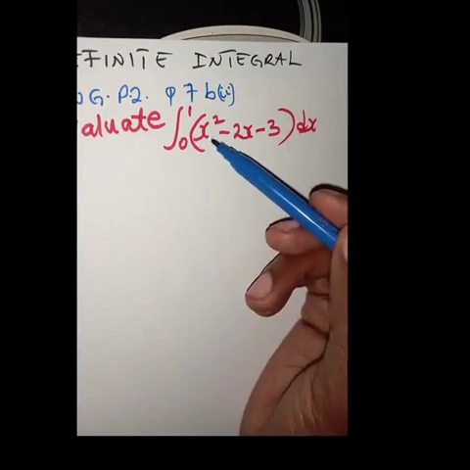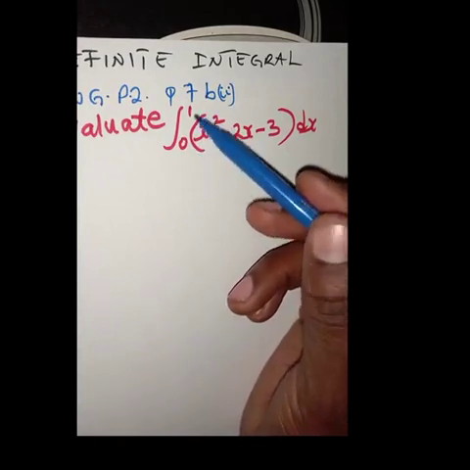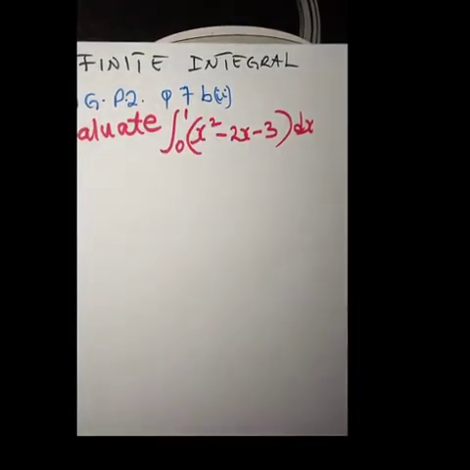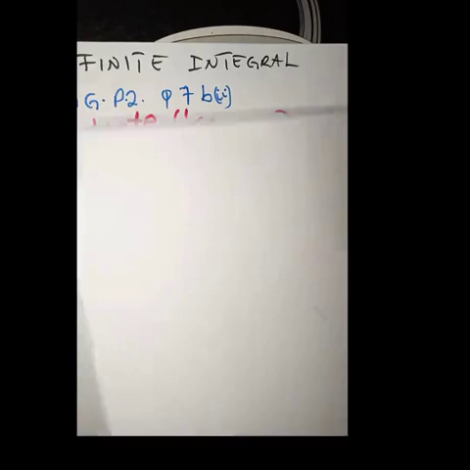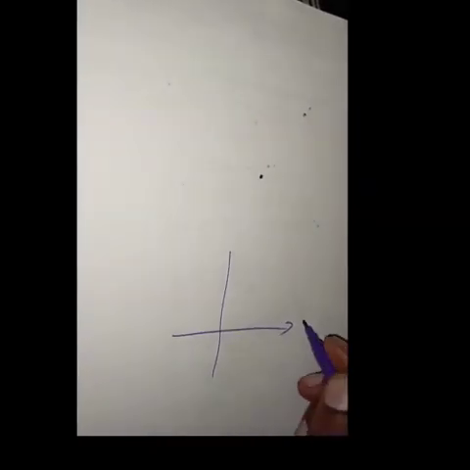So they're saying evaluate. Now how are you able to picture this 1 and 0? Let me give you a scenario where the 1 and 0 can come from. For example, we can have a Cartesian plane, x, y.